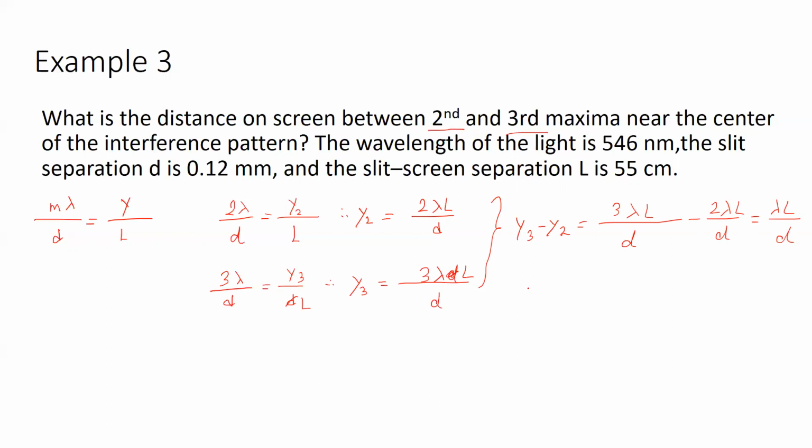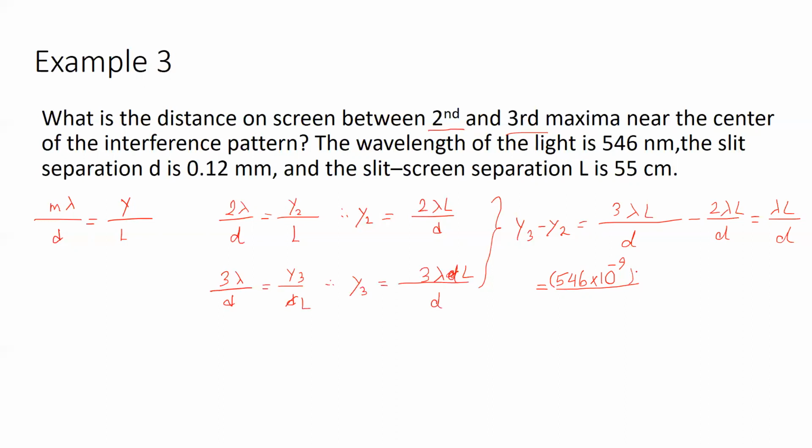Then the only thing we need to do is substitute numbers. Just remember, distance and length should always be in meter. Your wavelength lambda is 546 nanometer, so 546 times 10 to the power minus 9, because we want this in meter.